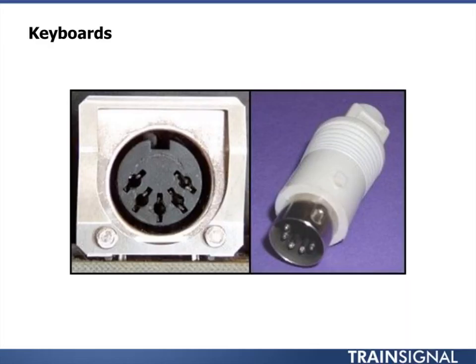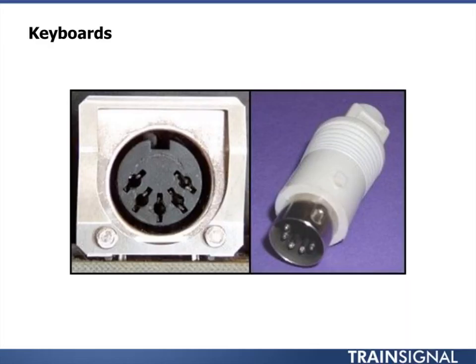What you're looking at on the left is the actual port that you'd find on the back of the motherboard. It's what it looked like. And then on the right is what the actual connector looks like on the cable coming from the keyboard that would plug into that port. Although it may be difficult to tell from the picture, because it's all a matter of proportion, I will tell you that this connector is larger than the PS2 connector.